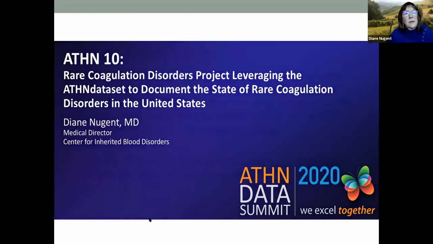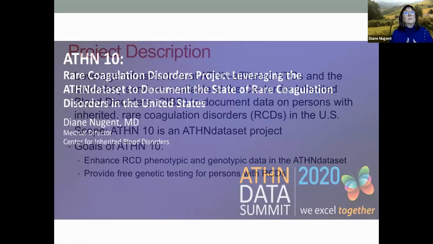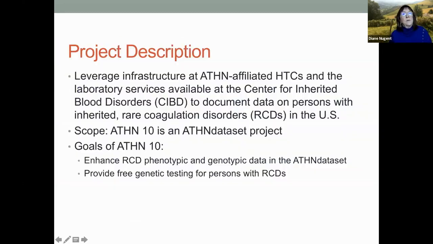So if there's anyone in the audience or listening today that wants to have their gene sequenced and wants to have other family members sequenced for free, they can go to their HTC and say, I want to join Athens 10. Since we started, now we have over 15 sites initiated.